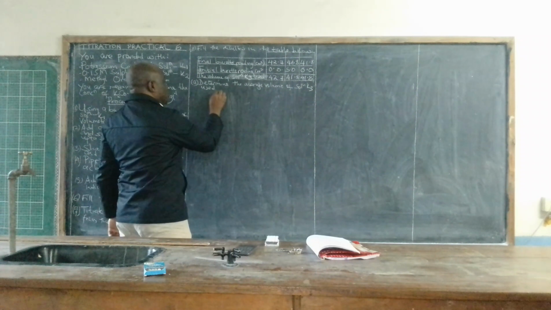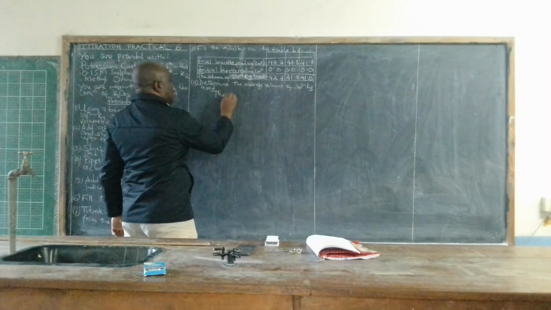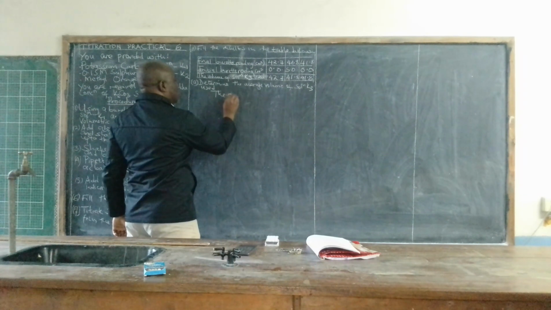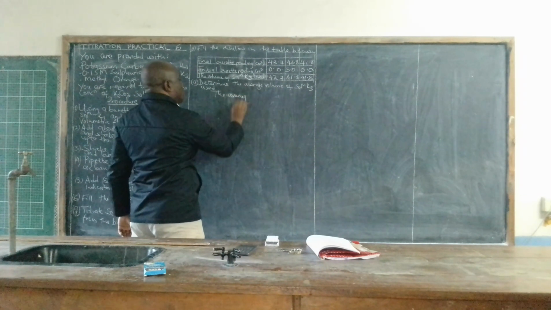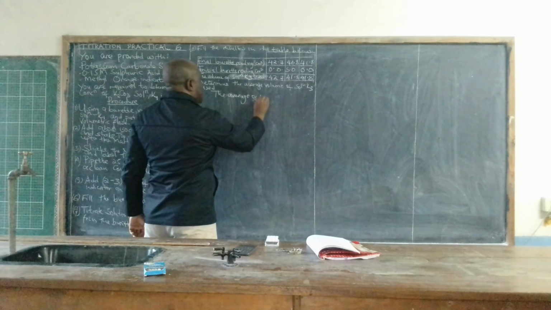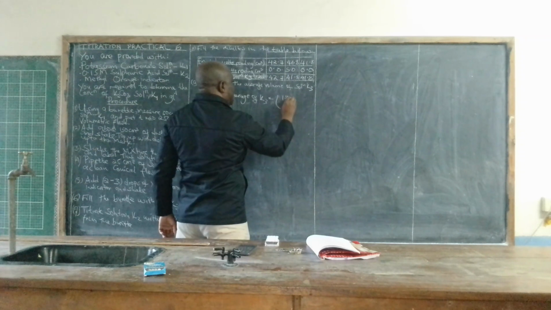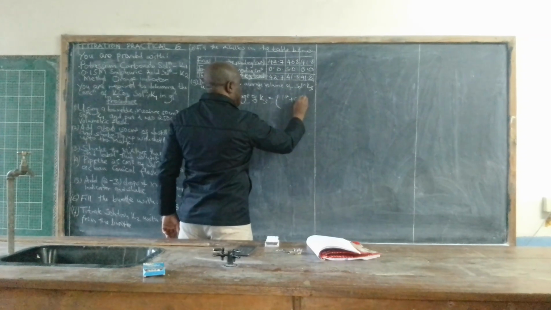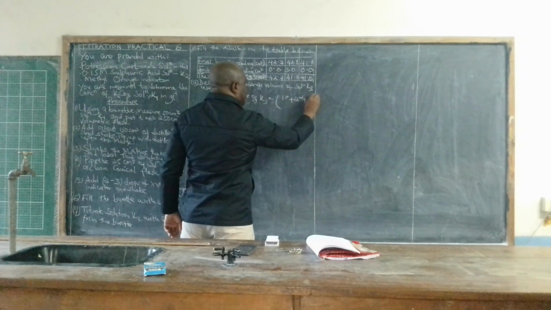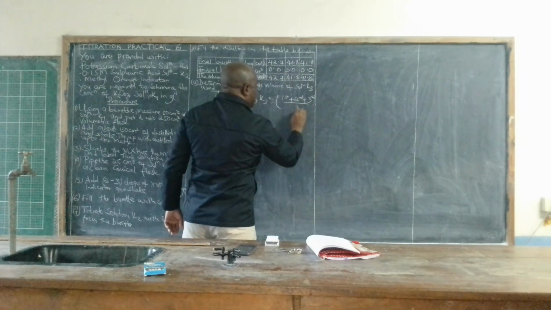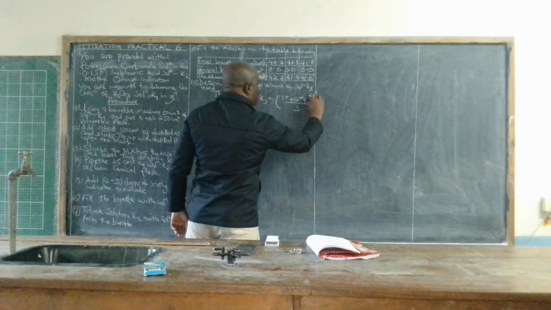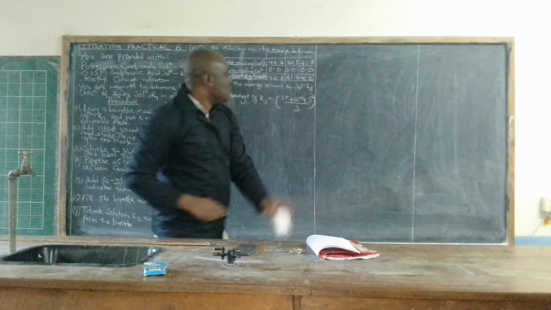So we are just going to write the average volume of K3 is equals to first titer plus second titer plus third titer, and then we divide everything by 3. Everything is supposed to be in cubic centimeters.